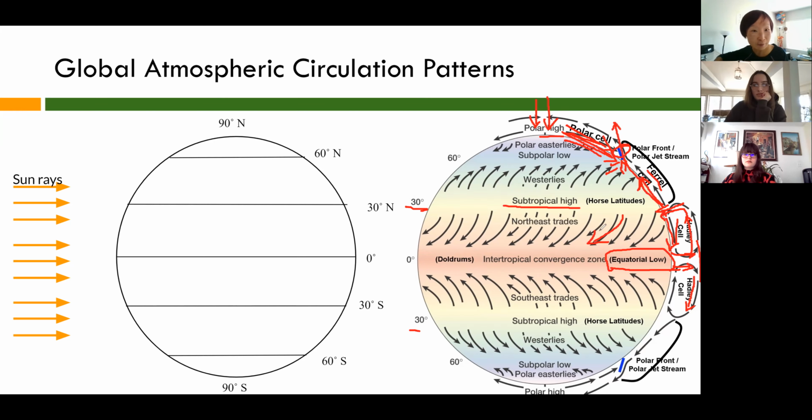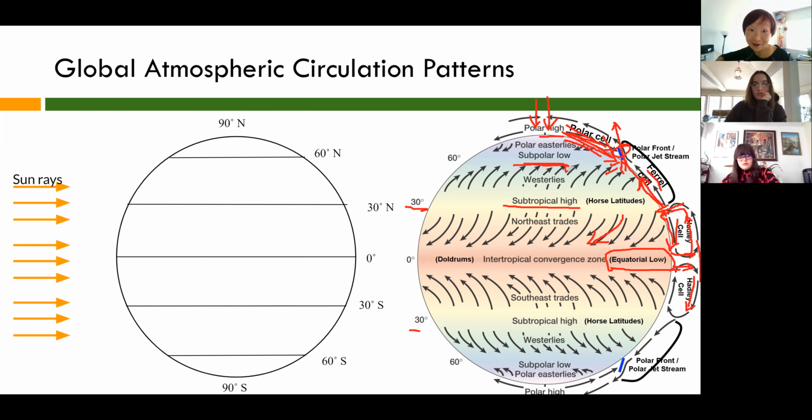The warm air itself also wants to rise, but it is also kicked up by the cold air from the polar area. So this will form a front, and the rising air gives you this subpolar low.